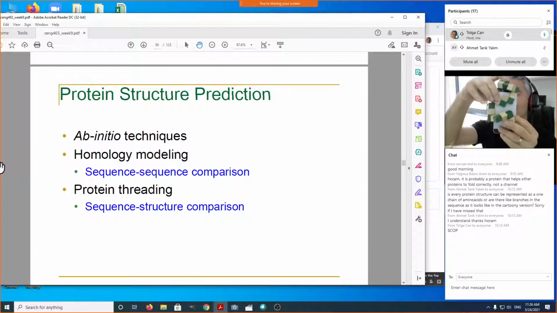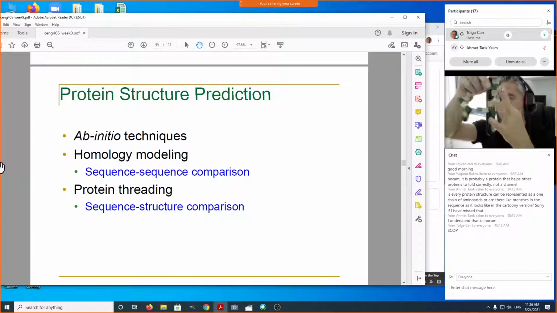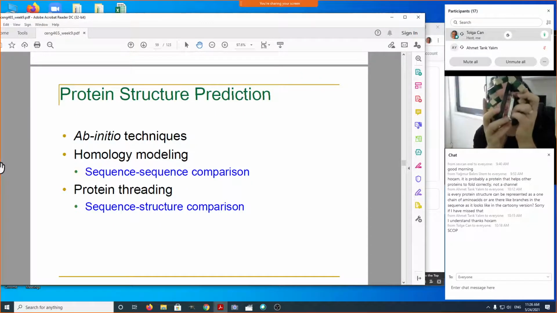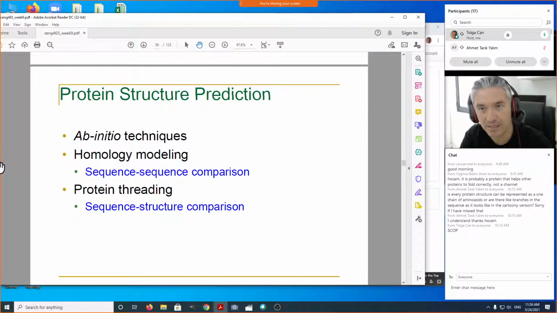If it's folded like this, for example, do these amino acids prefer to be in this shape? Or when you try to fold them against the stapler, do they want to be in this shape? So you just try your protein sequence against the known shapes in the protein structure universe. Therefore, protein threading actually requires a fold library.